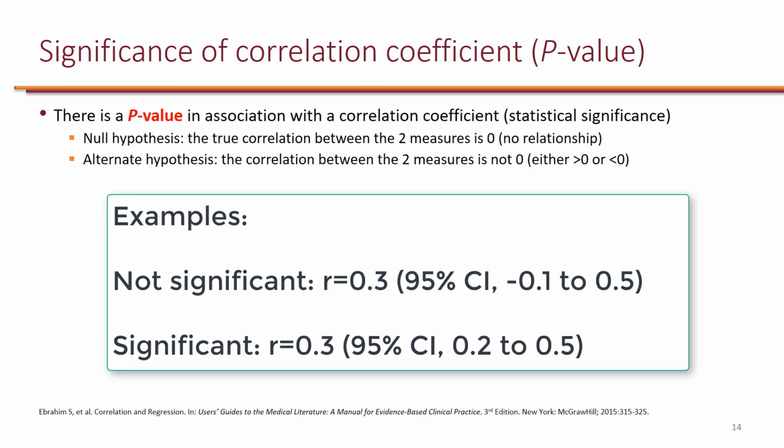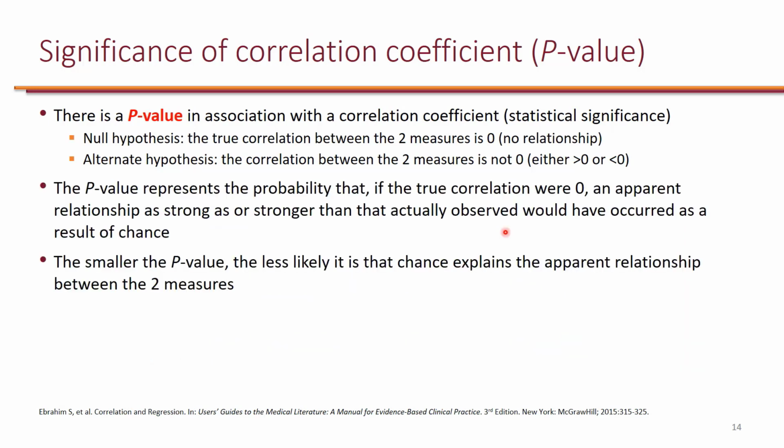Alternatively, we can also get the confidence interval for the R. So if R of 0 means no difference and we get the confidence interval, that confidence interval should not include 0 in order to be statistically significant. And the stronger the correlation, the more likely that the p-value will be significant.